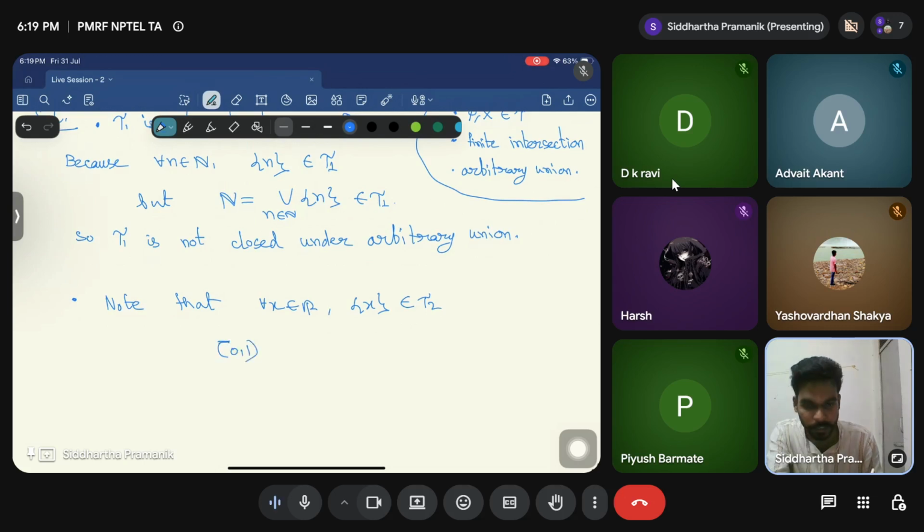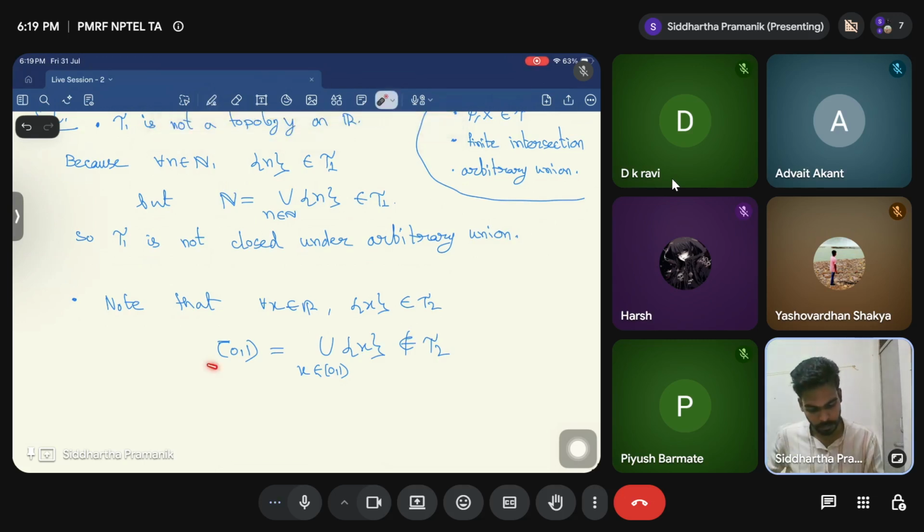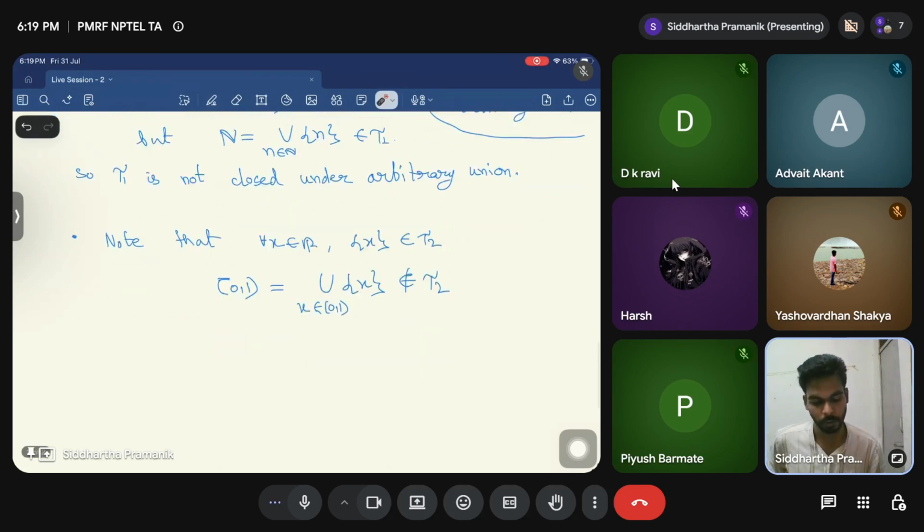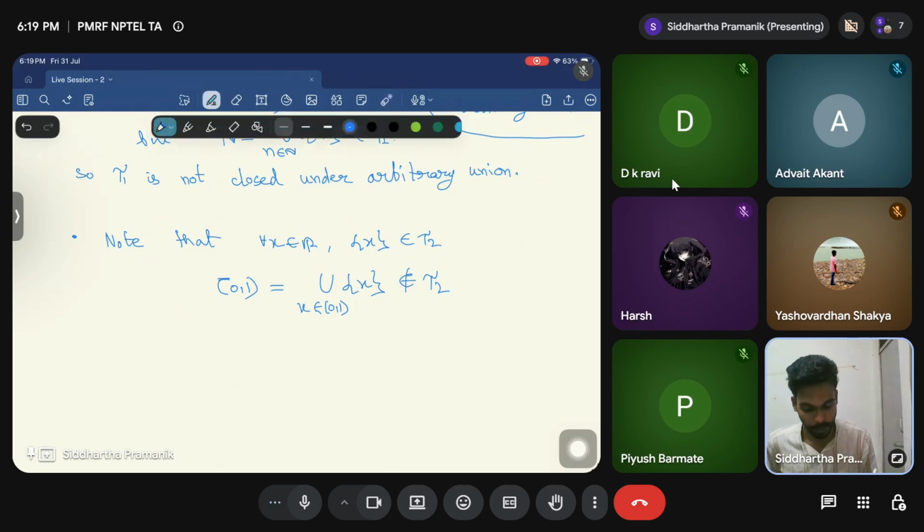We know this is uncountable, right? And this is exactly equal to the union of singleton sets {x}, where x belongs to the open interval (0, 1). But this is not in tau 2, because it is not countable and its complement is also not countable. So this is also not closed under arbitrary union, so this is also not a topology.